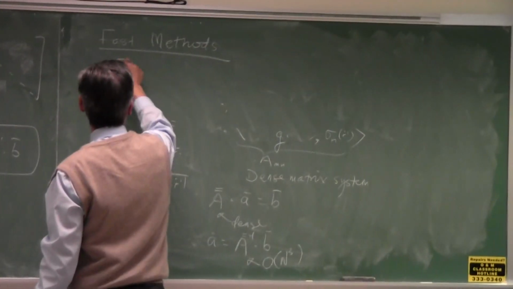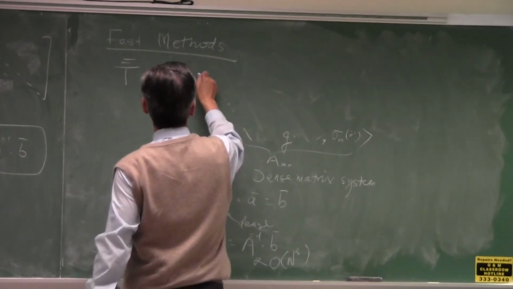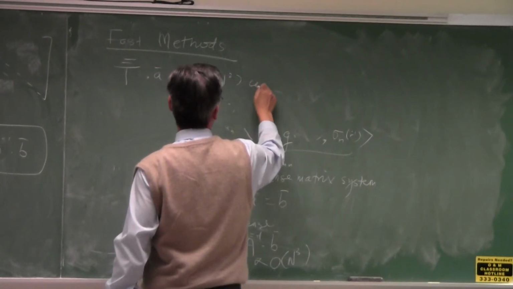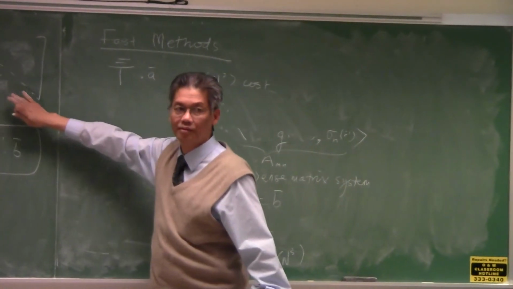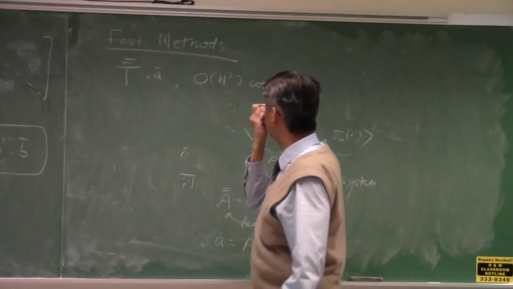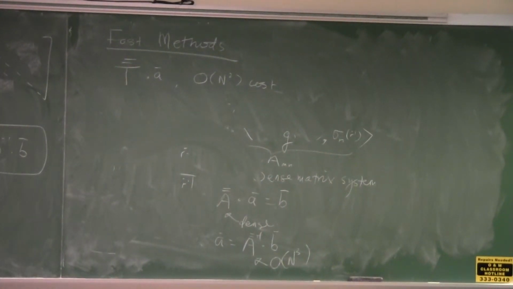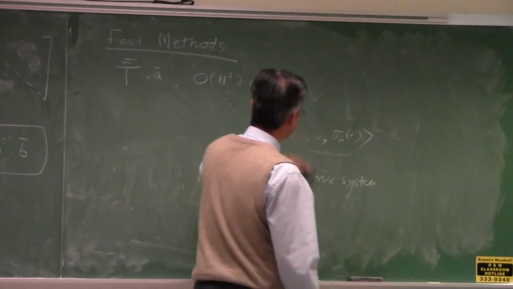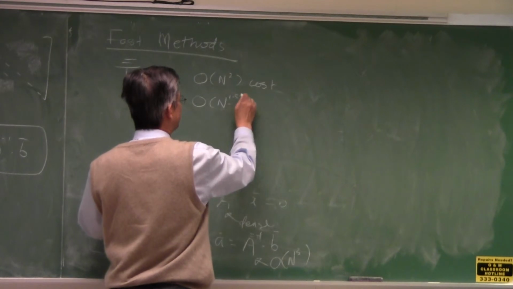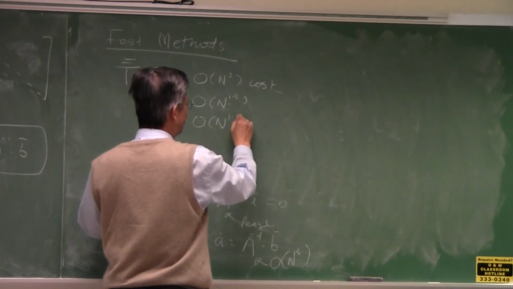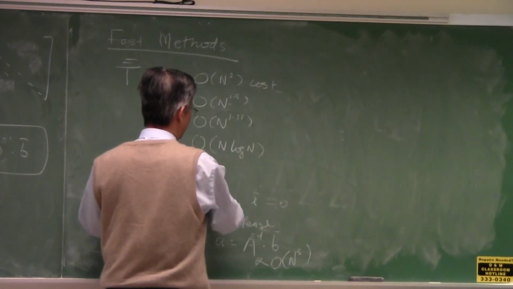You have a dense matrix system T dot A. This is order n squared cost. If this is a dense matrix system, there are n squared elements altogether, so the cost of a matrix vector product is order n squared. How can we reduce this to order n to the 1.5, order n to the 1.33, order n log n, or order n?